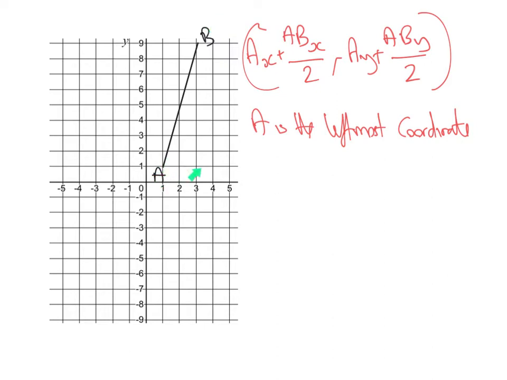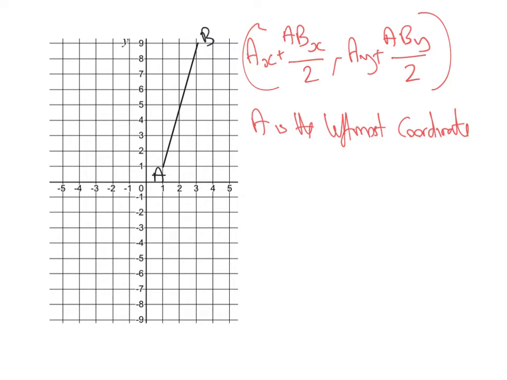If it was B, the rightmost coordinate, and you add to it, you end up over here somewhere, but that's not part of the line. With B, the method would work, but we'd have to take it away from B, because you're going towards the negative. So that's why we use A and we add.